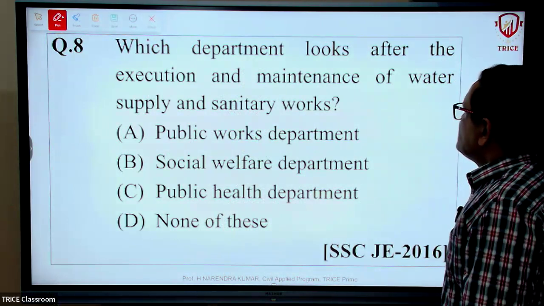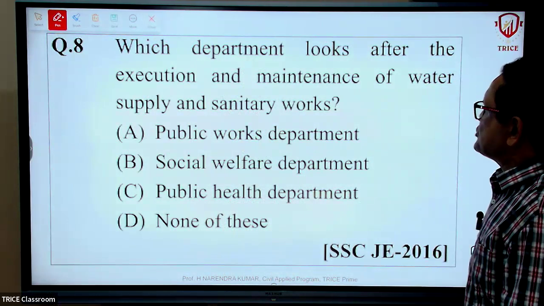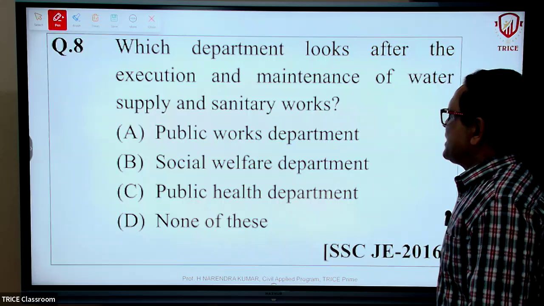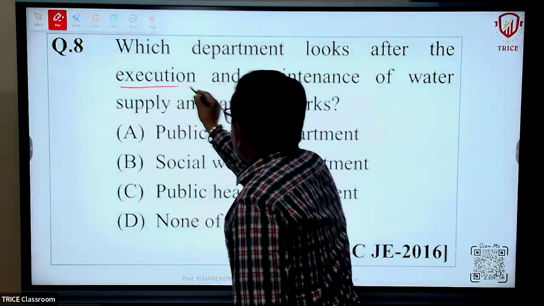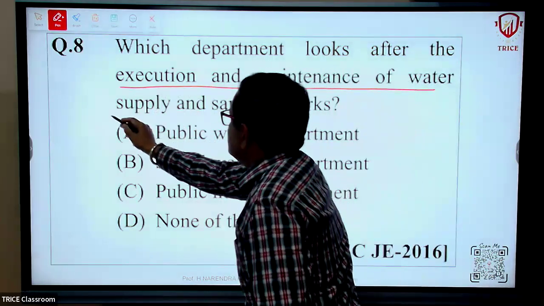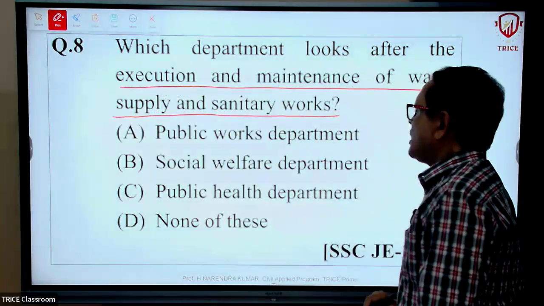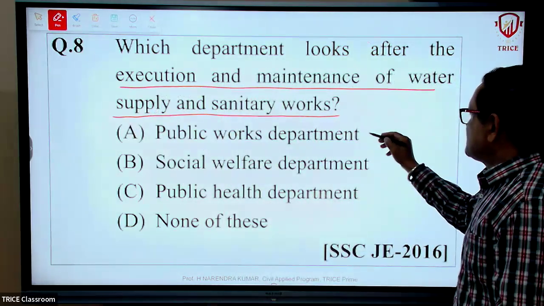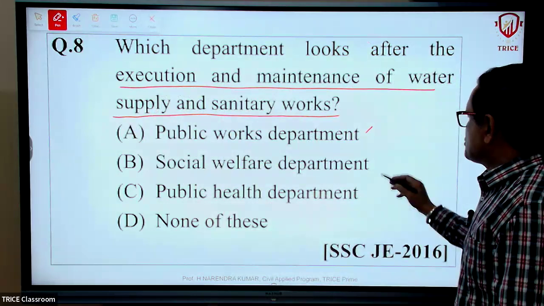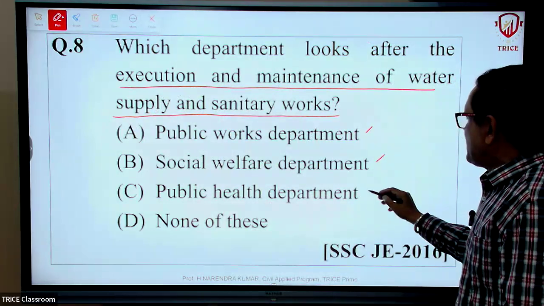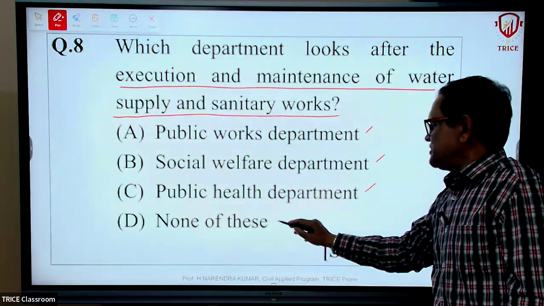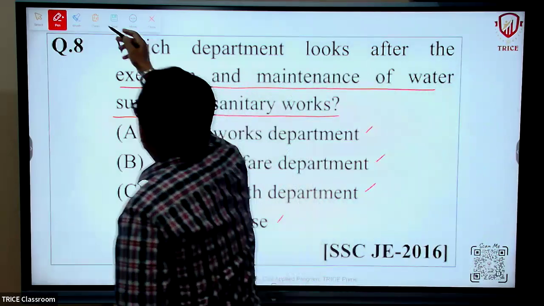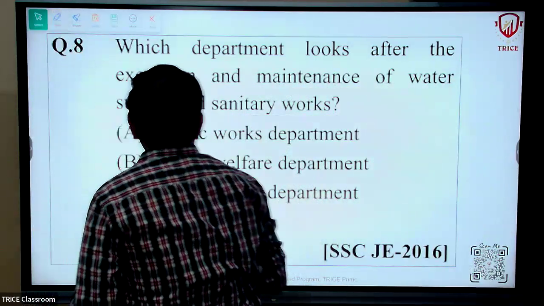These are all elementary things a civil engineer has to know or remember. Is it the public works department, or social welfare department, or public health department, or none of these? Let me take up the answer slide.